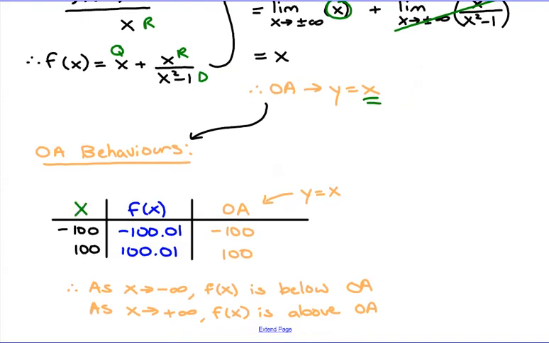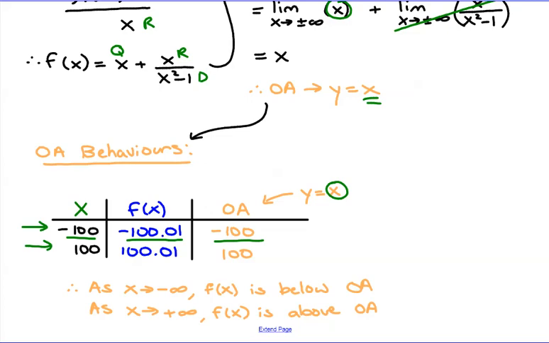So here is the analysis of the behavior. I'm going to start to sub in random numbers for x, something that is close to -infinity and something that's close to +infinity. So I just chose super big positive and negative numbers. Now, if you're choosing an x value of -100, then your oblique asymptote is going to be at -100. Your function, though, if you take -100 and sub it into your function, is actually slightly below.